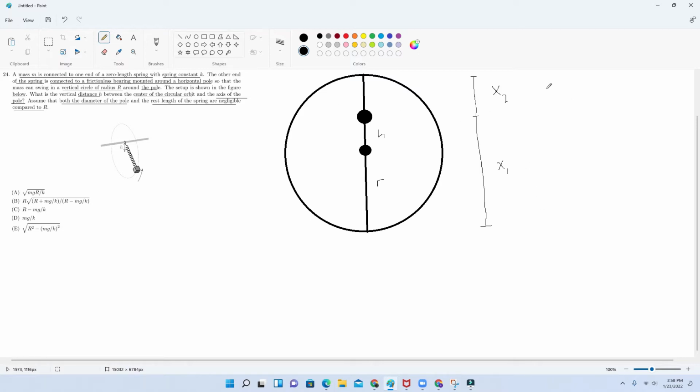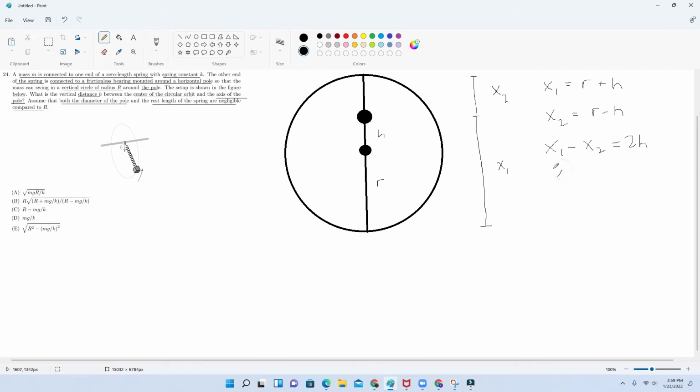Based on the diagram, we can see that x1 is equal to r plus h. And similarly, we can write x2 is equal to r minus h, right? Because both of these will have to add up to 2r. So subtracting x1 minus x2 would give us 2h.